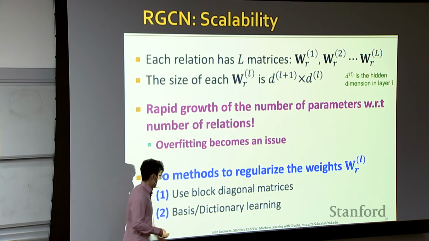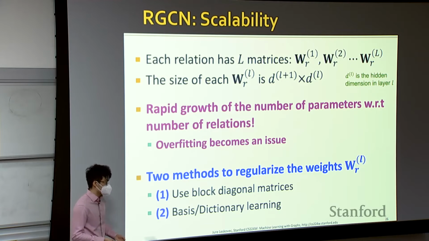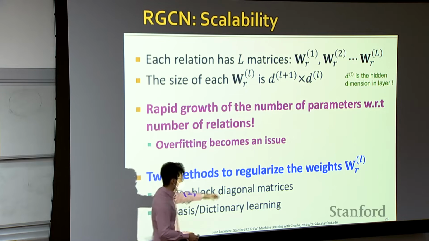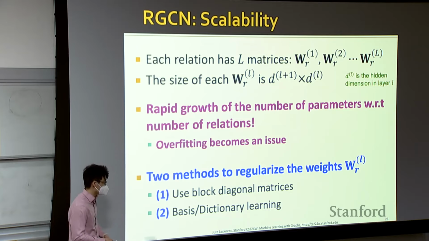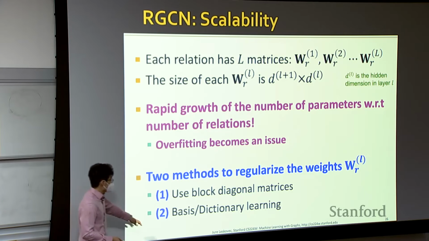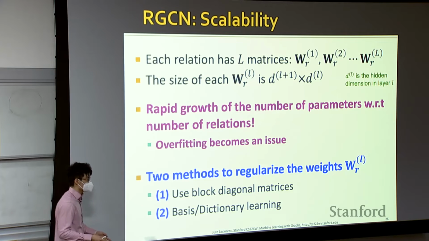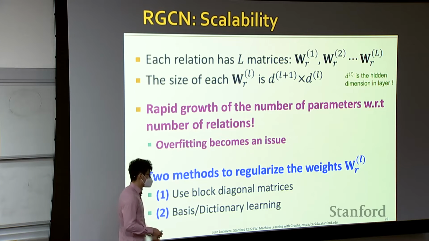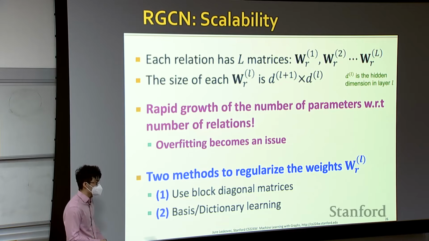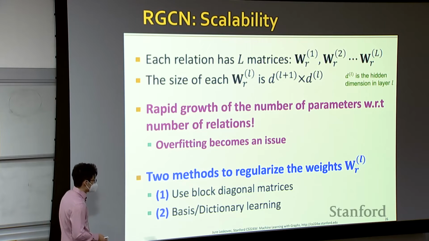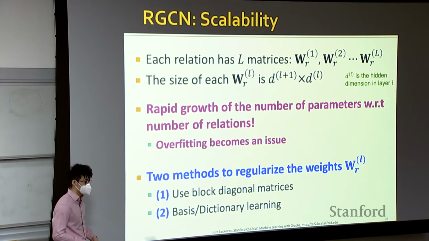The first approach is to use a block diagonal matrix to reduce the number of parameters for each weight matrix for each relation type. The second method is to do a basis decomposition, also known as dictionary learning, to reduce the effective number of parameters. And in practice, you can actually combine both methods to make the number of weights even smaller.